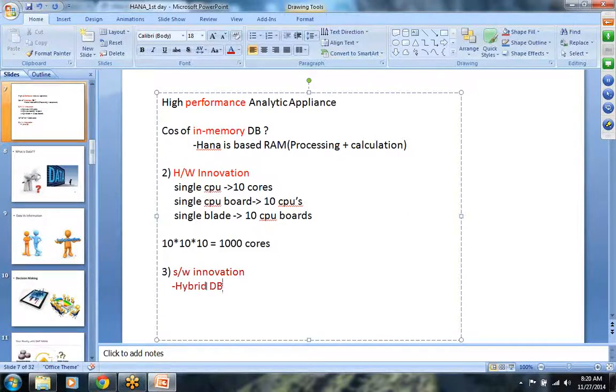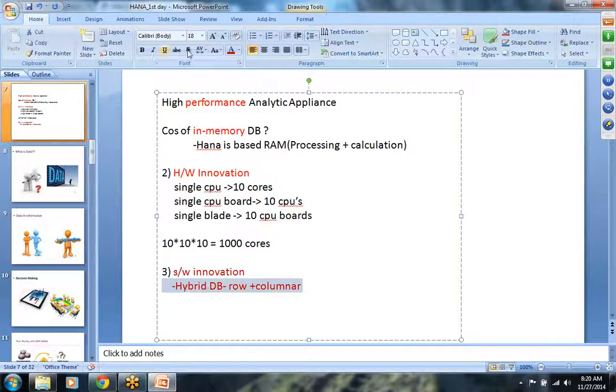Hybrid database. What does it mean? As HANA supports both columnar structure and row structure, it's called hybrid. Reading the data is much faster when compared to other databases because HANA supports both structures, that is row structure plus columnar structure.